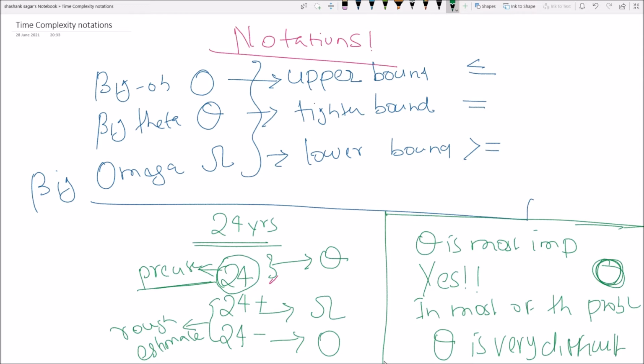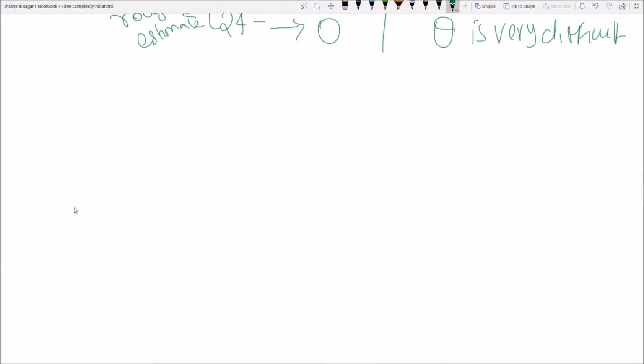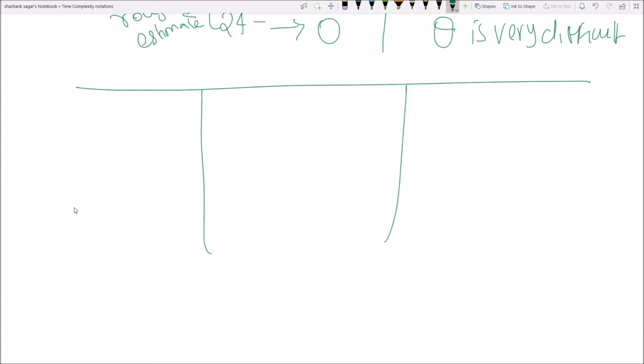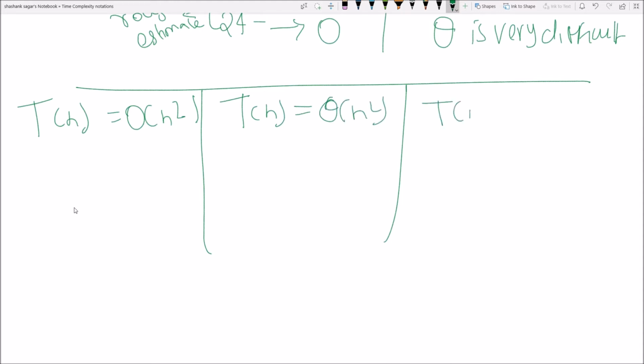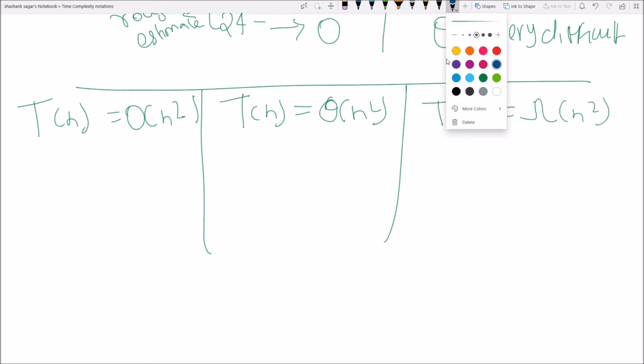Okay. Now let's see some other examples. Suppose someone is saying T of n is O of n square, here T of n is equal to theta of n square, and here T of n is equal to omega of n square. What do we mean by these things?